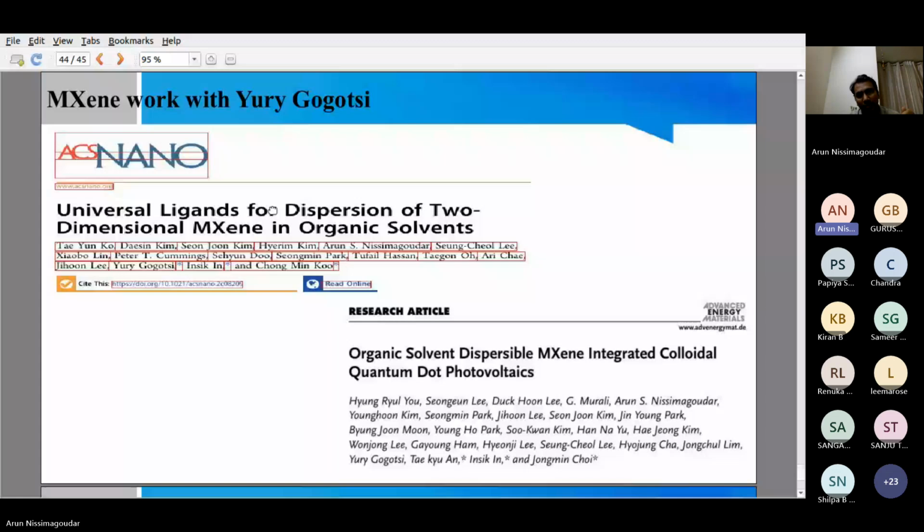You can see this is Yuri Gogotsi, and we tried to find different ligands that can be synthesized easily. And another one which I worked on is the optical properties, using photovoltaic devices, again with Yuri Gogotsi. So this is a brief discussion about these.